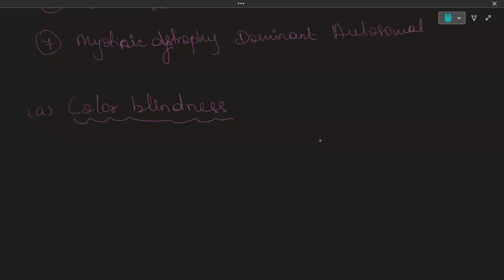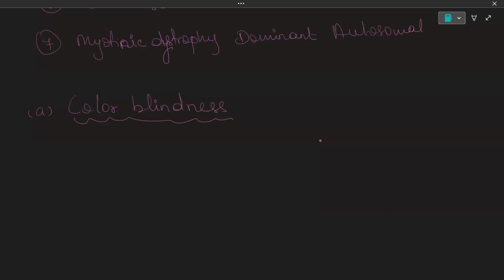What colors do they see instead? I think they see gray, or they don't see the color at all. Maybe like black and white. Yes, exactly. They can actually see the different colors, but not the red and the green. So this is what happens.